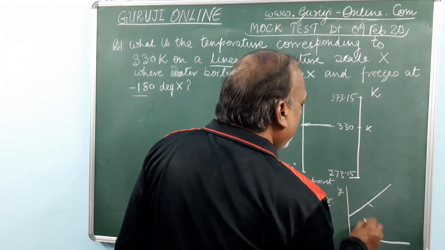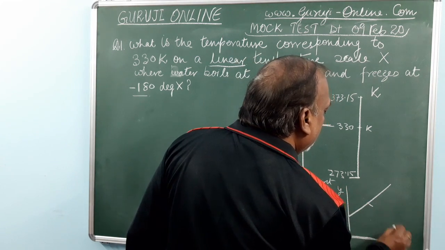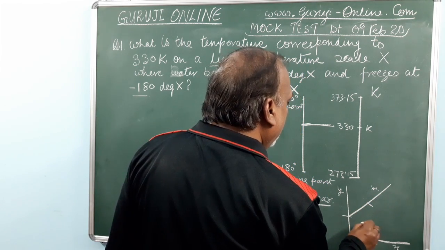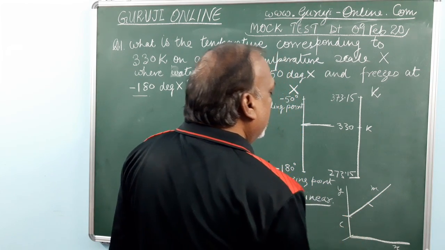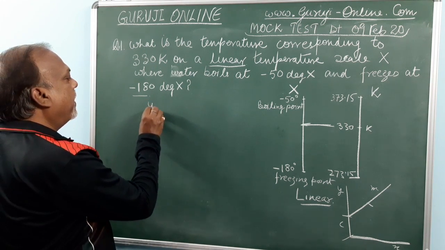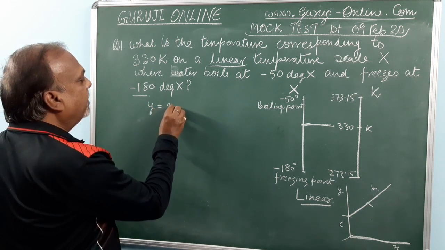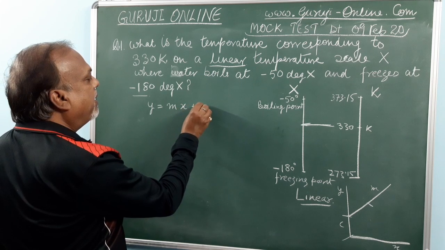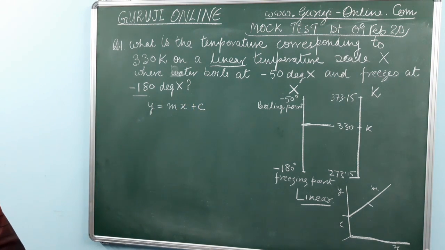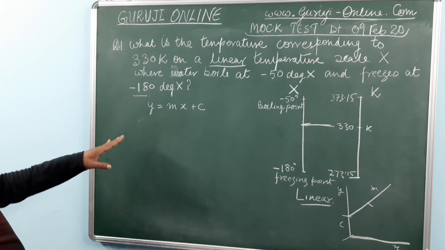Suppose this is y, this is x, m is the slope, and this is c. Then y = mx + c. We can put these values here.